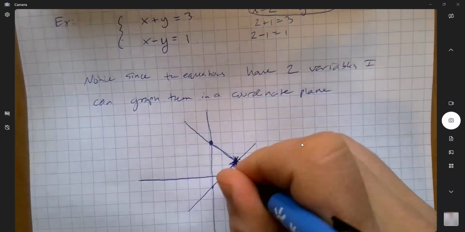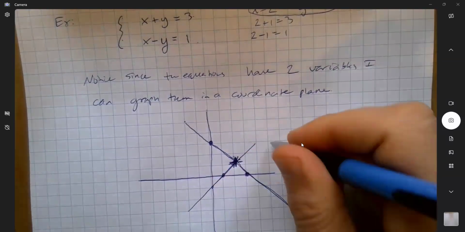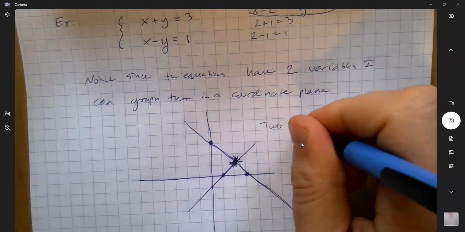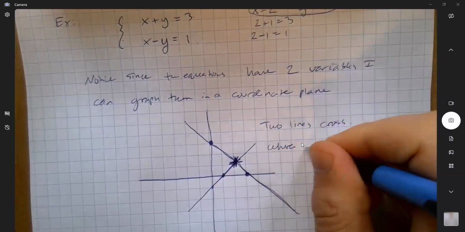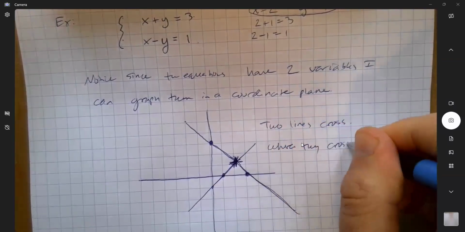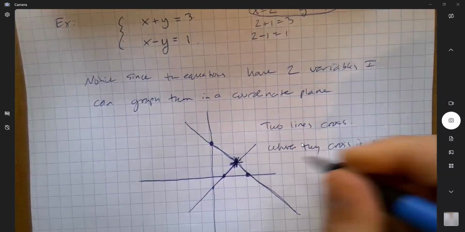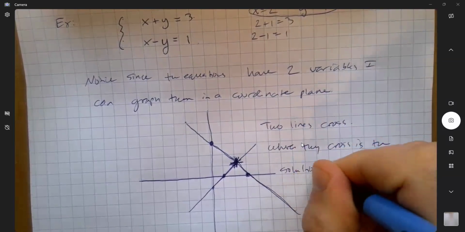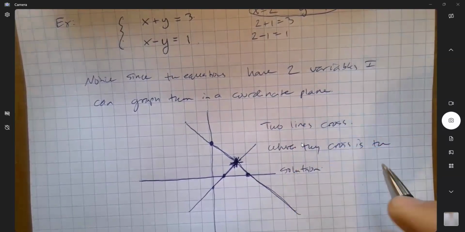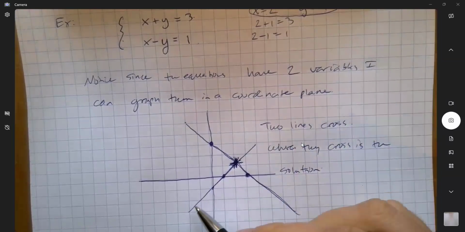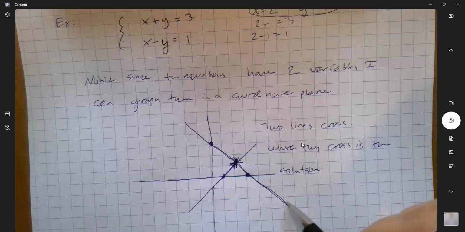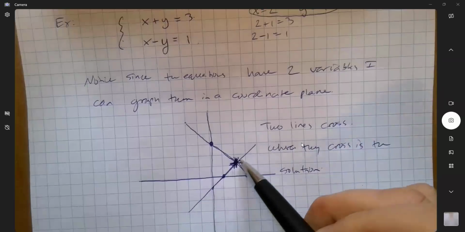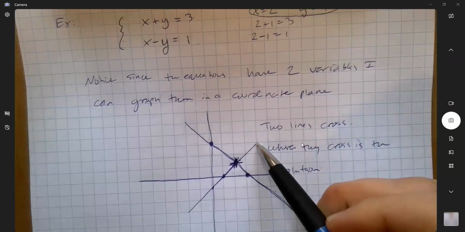And notice that these two lines cross. And where they cross is the solution. Because the first line contains all xy pairs that solve the first equation, and the second line contains all xy pairs that solve the second equation.